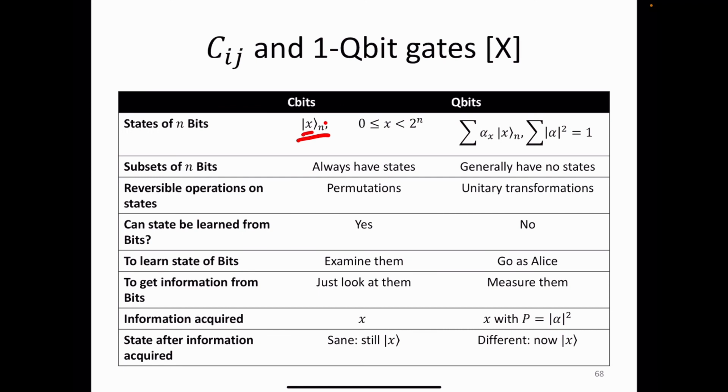Here we have a superposition state, so again we have n bits, but we have x possible states here. Each of these x states is associated with a probability amplitude alpha sub x, subject to the normalization. So classical bits always have definite states. There is no superposition for classical bits, and qubits generally have superposition states.